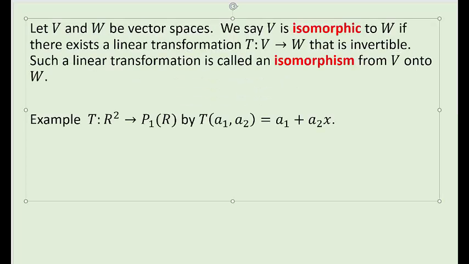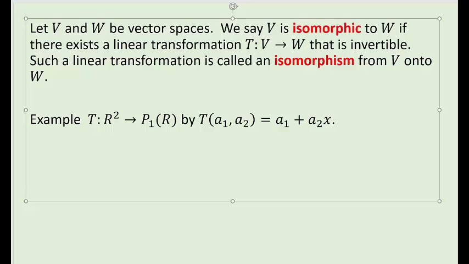So this now will make isomorphism easier for you to find, because if V and W are vector spaces, we say V is isomorphic to W if there exists a linear transformation that is both 1 to 1 and onto, right? A homomorphism that's both 1 to 1 and onto is an isomorphism.